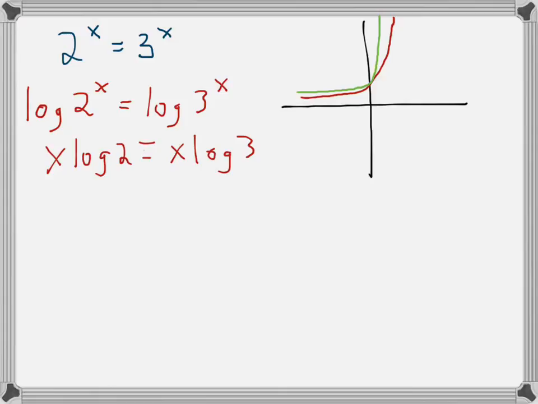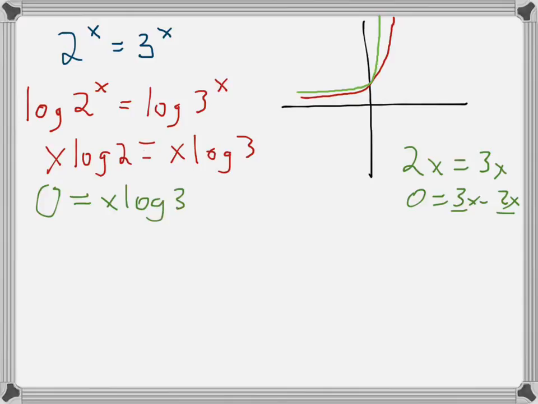Well, both terms have an x. Let's just go to the side. I know these logs can scare people, but how would I solve something like 2 to the x equals 3 to the x? Well, ideally I could subtract the 2 to the x to the other side, and we could subtract these two terms as well. So I'm going to do the same thing here. I'm going to switch colors. I'm going to subtract my x log 2 to the other side.